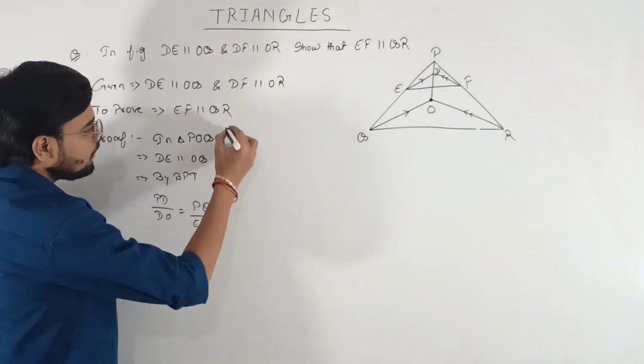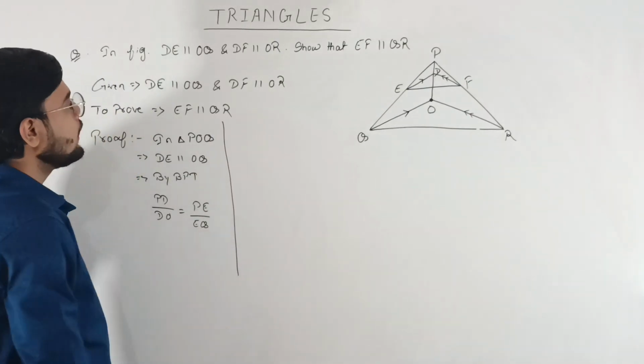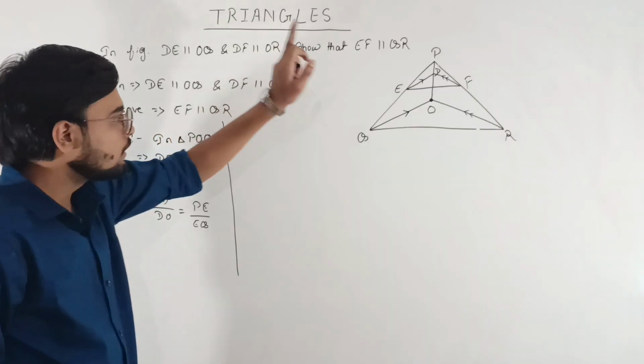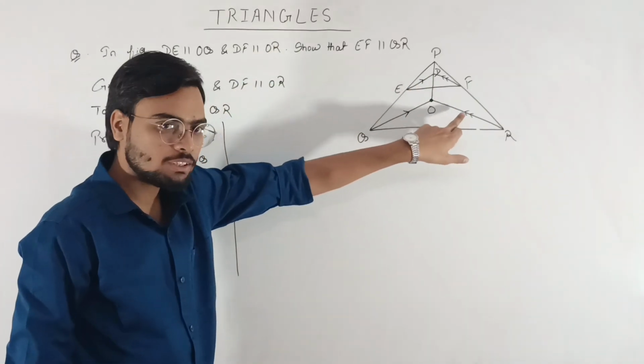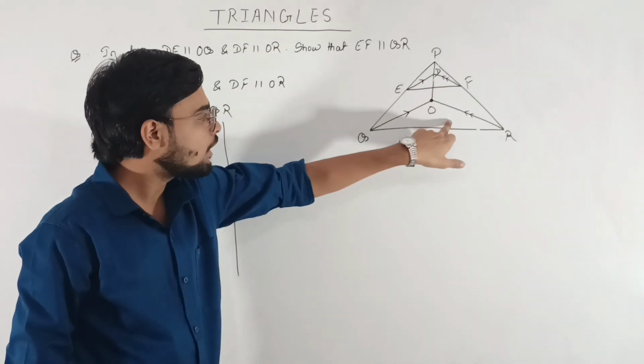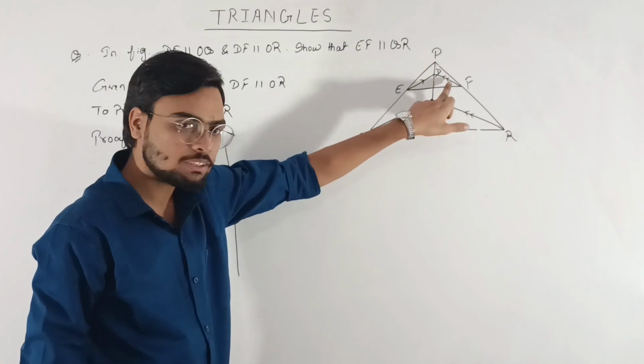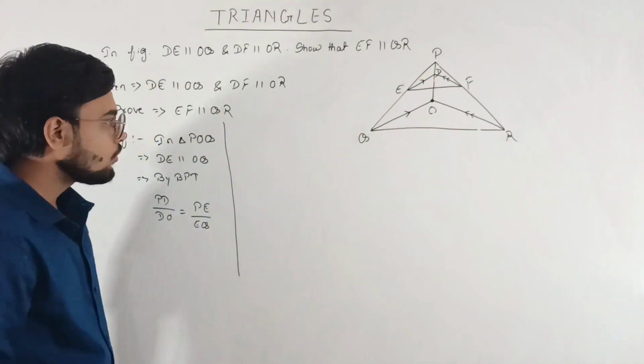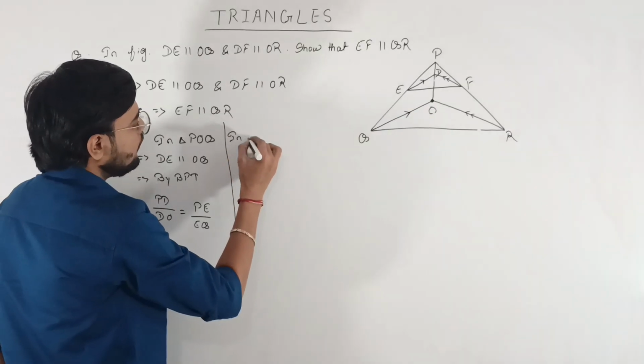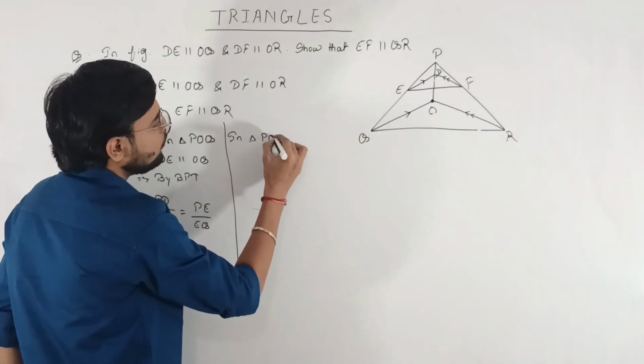Okay. Now next thing, what is given? DF is parallel to OR. Now look, DF and OR lie in which triangle? POR. In triangle POR, DF is parallel to OR. So we consider triangle POR.